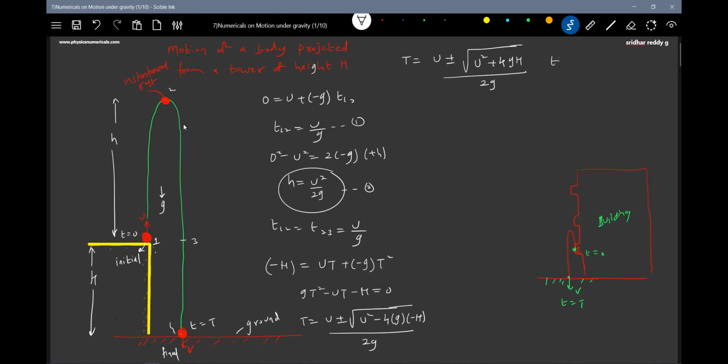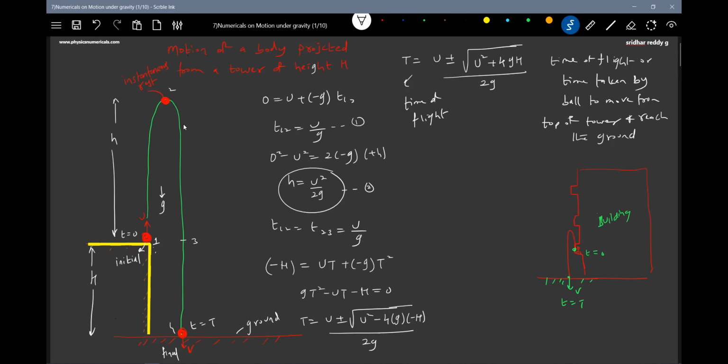What we should call the time of flight is the time taken by the ball to move from the top of the tower and reach the ground. Yes, it will come and strike the ground after a certain time. This is called the time of flight. In short, we'll call it time of flight.